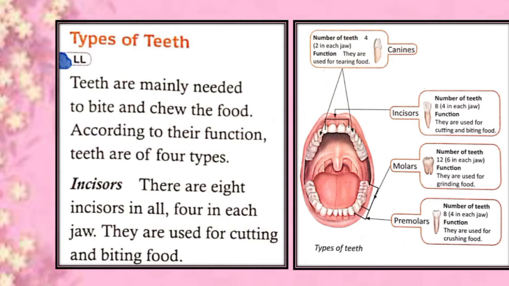There are 8 incisors in all, 4 in each jaw, upper jaw and lower jaw. They are used for cutting and biting food. The function of incisor teeth is cutting and biting food.